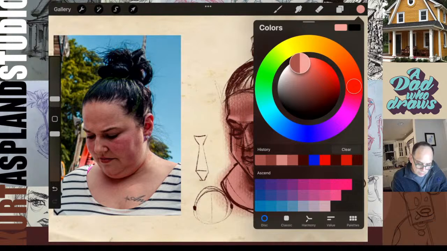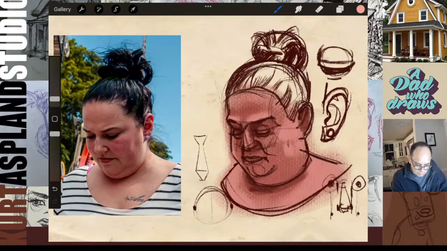Get some of these highlights. Look at that one, it comes right in there. Get this lovely dimple. Just using one tone, I'm not changing my color at all.